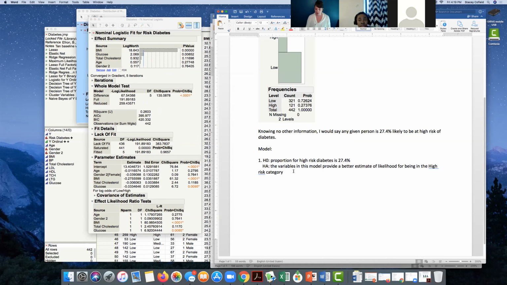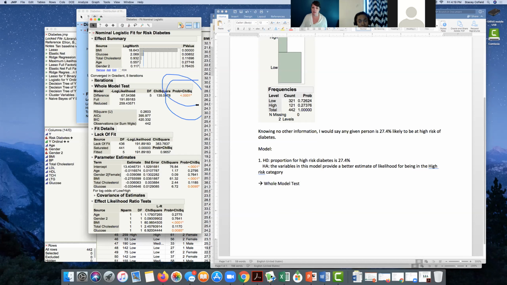This is my first question that I want to answer, and this is the whole model test. That is right here. So the very first thing I need to take a look at is the p-value for the whole model test. And my p-value here is very small, right? Yes. And so I would choose which of my hypotheses based on this p-value?